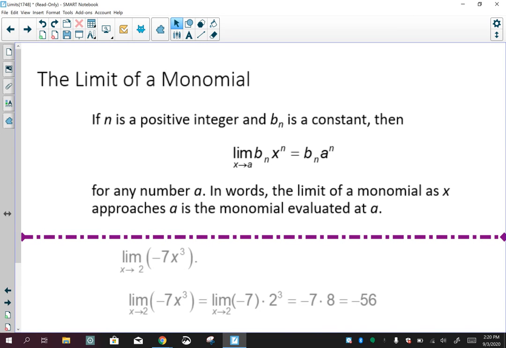So for instance, this one here, as x approaches 2 of negative 7 times x to the third, I'm going to take my 2 and plug it in, as I'm doing here, and then evaluate it. This is called direct substitution. You just take your number and evaluate. That way, you're not having to do all these different properties and steps, and you won't have this whole long problem. So there are shorter ways to do some of this stuff.